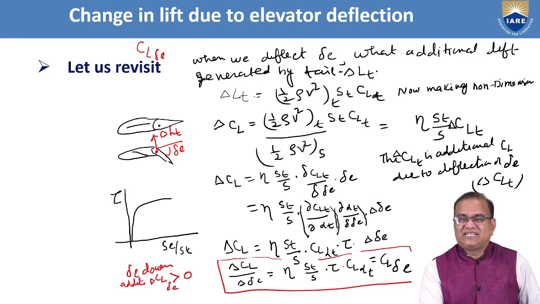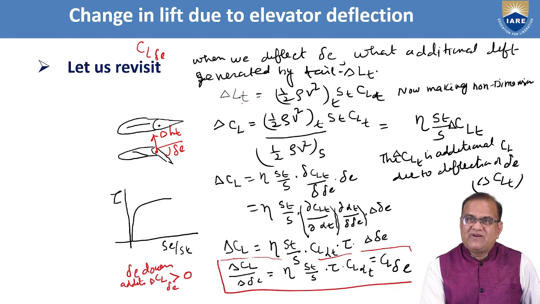So this delta LT is equal to half rho V square of tail, area of the tail, into CL of the tail. Now making it non-dimensional, if you divide by half rho V square, this LT will become CLT.